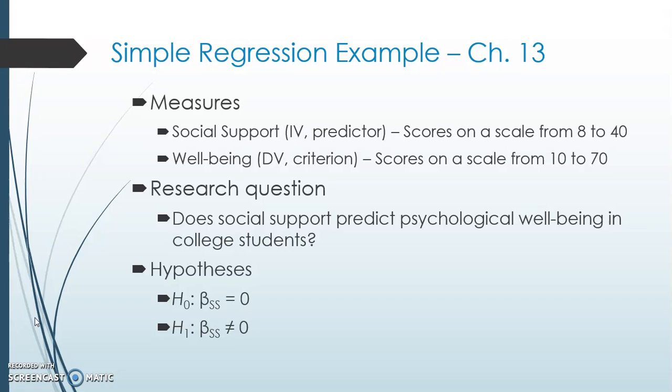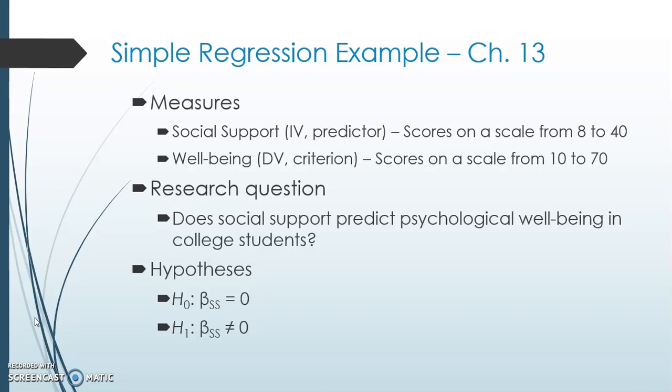So the null hypothesis is that there's really no relationship between the social support and well-being variables, whereas the alternative hypothesis, if we reject the null, is that there is a notable slope to that line of best fit when plotting that line against those two variables.